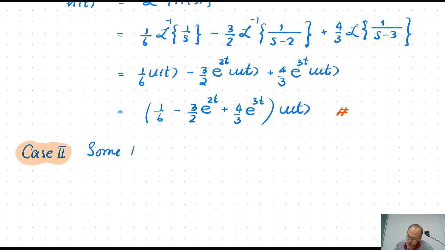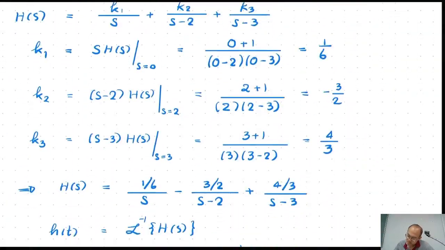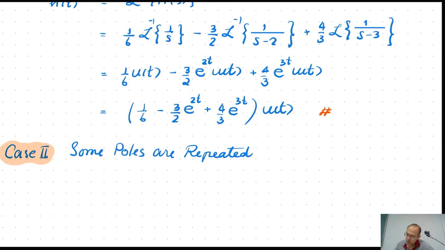Case number two: some poles are repeated. So in other words, the function H(s) is in this form.